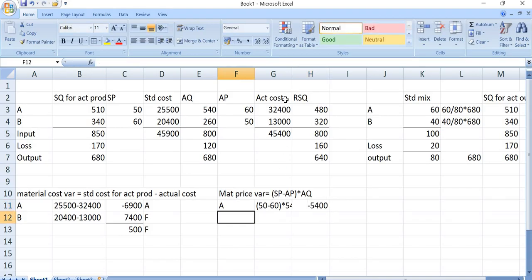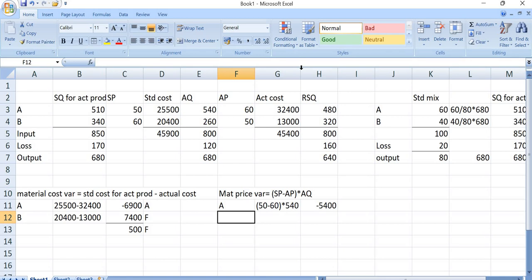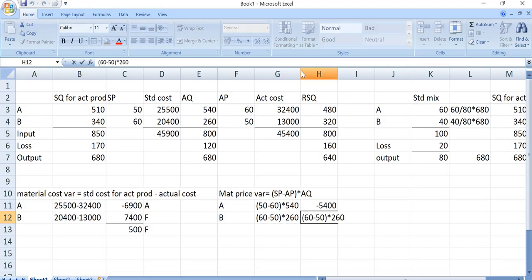So I will be getting 5,400 adverse. Then for B, standard is 60 rupees but actual is 50. So it is a favorable variance into my actual quantity, which is 260. So my total variance is 2,800 adverse.